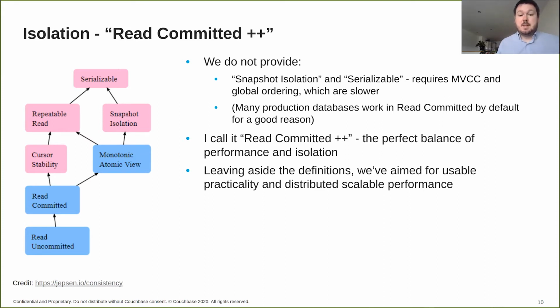And we also feel that many production databases do not work in serializable or snapshot isolation out of the box. Read committed is a common default for popular production databases. And there's a good reason for that. It's much faster. So yeah, our isolation level, read committed, but really much higher.